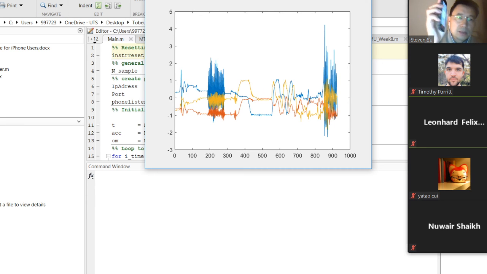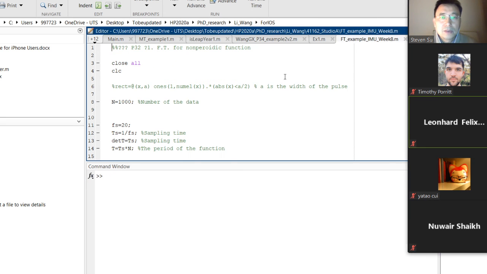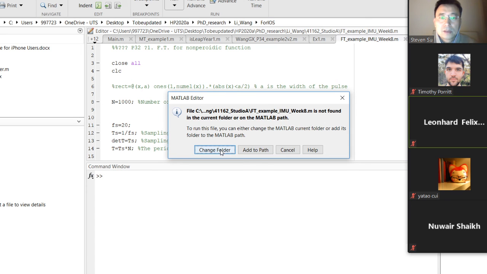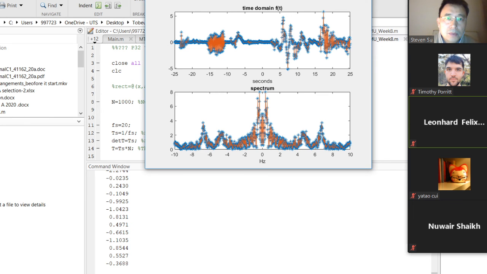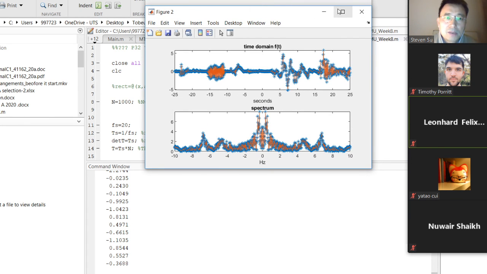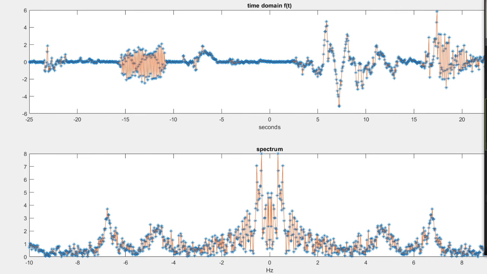If you select this one, I will give you the MATLAB code and materials, and then you can do signal processing. This is for the gyroscope. For example, you can generate your maximum axis rate.